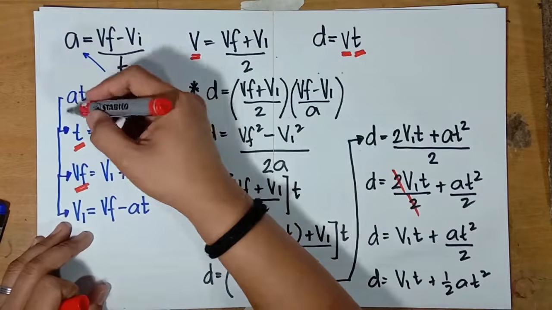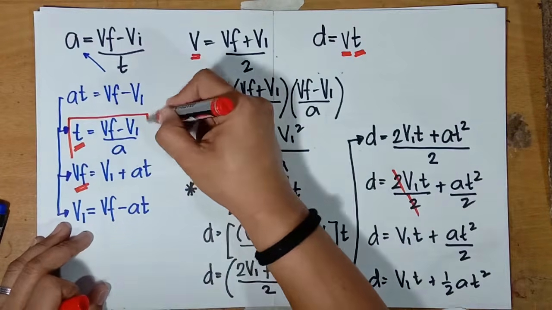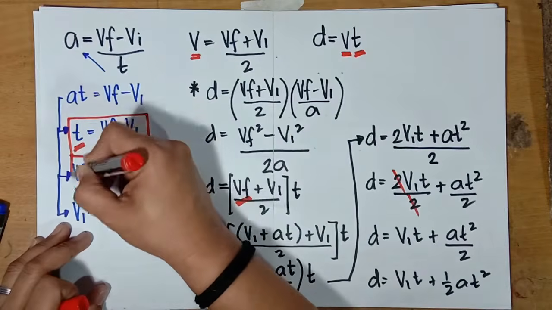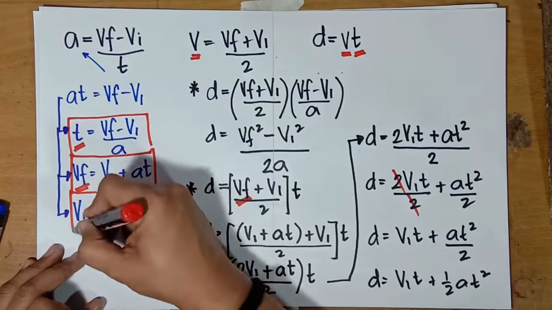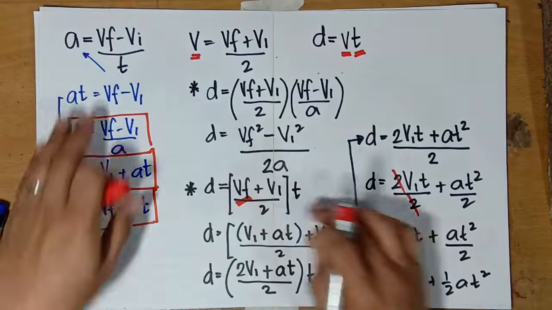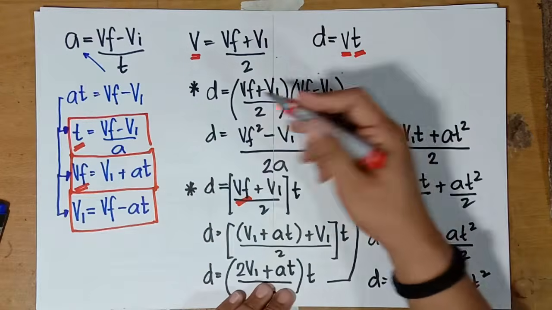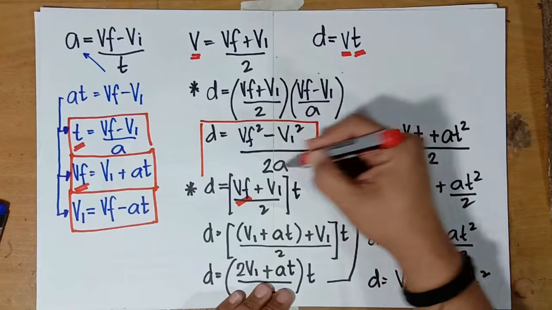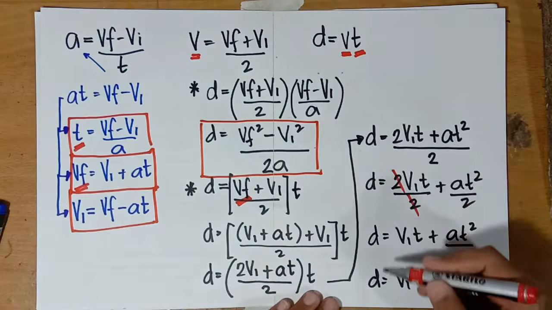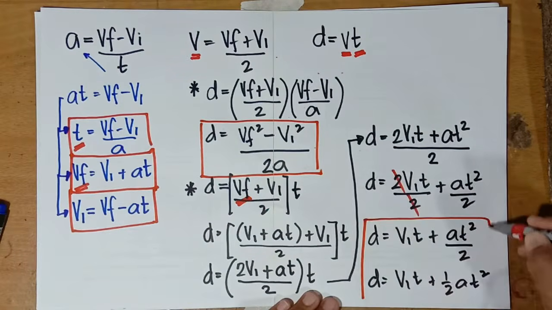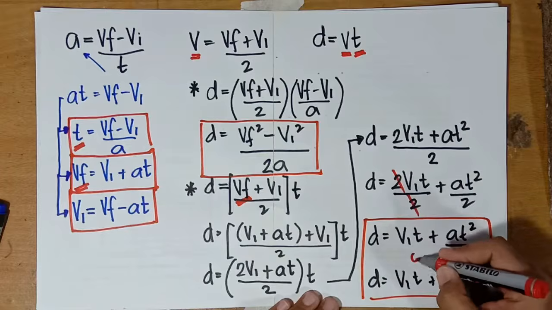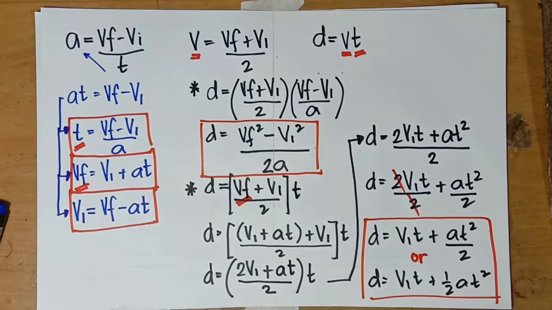You will get this. Okay, so let me put them inside the rectangle. So we have here 1, 2, 3, three formulas derived from this. Then from here you have this and this one. So this is supposedly an OR. There you go.